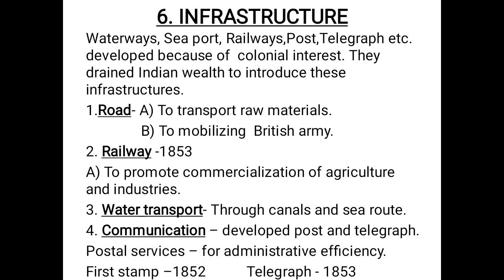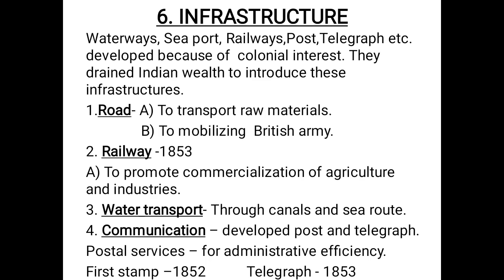Number one, roadways. Why did they introduce roads? Because they could transport raw materials very fast and easily from one place to another. They wanted to mobilize the British army easily, so they developed roads.